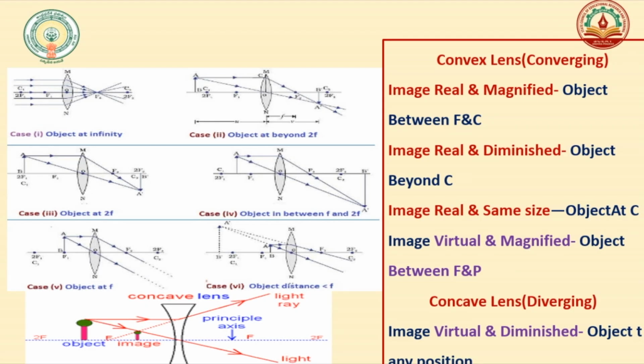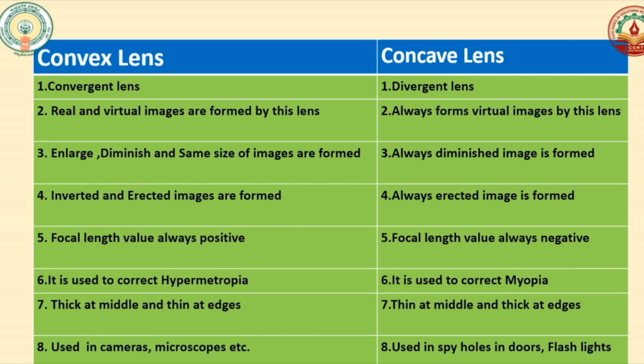In the convex lens, we get enlarged virtual images, whereas in the concave lens we have diminished virtual images, irrespective of the object position. Why do we get virtual diminished images? Because a concave lens is a diverging lens. That's what we have to make sure of.